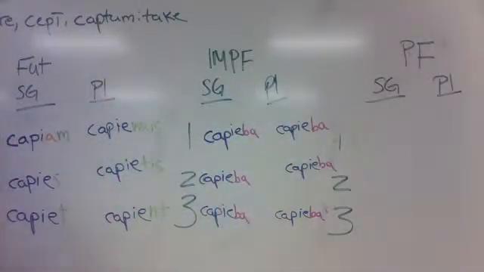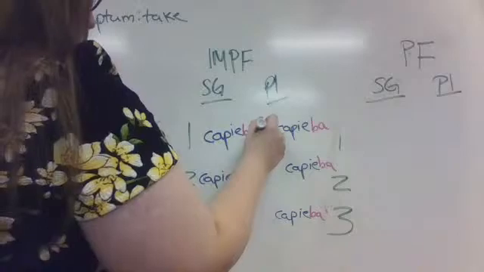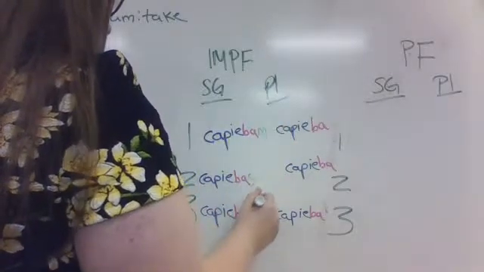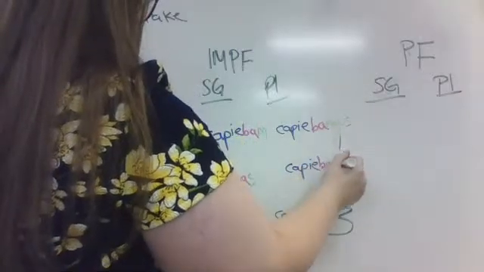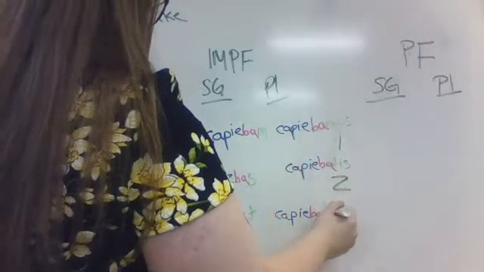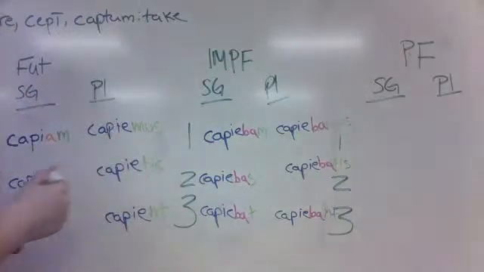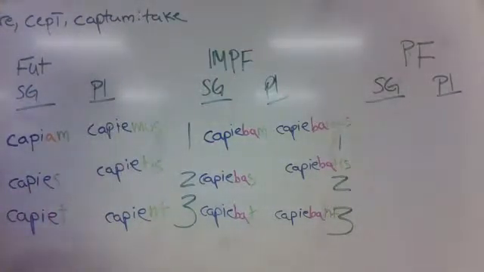And then we're going to add our personal endings. And that is how we get imperfect.